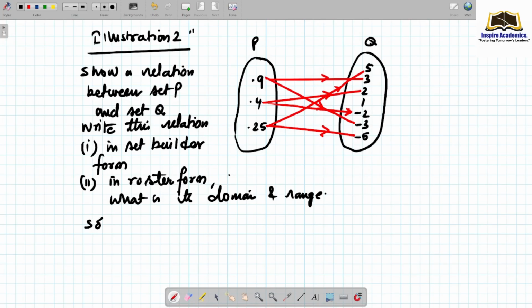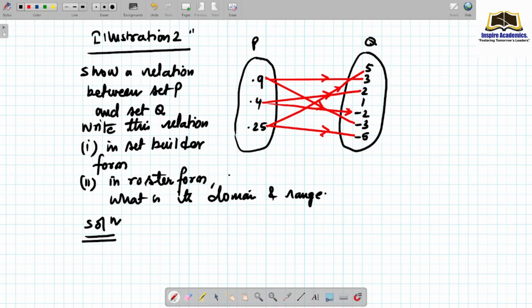Let's find the solution. So we need to write the relation R. Okay, so what are my ordered pairs? Let us write down.